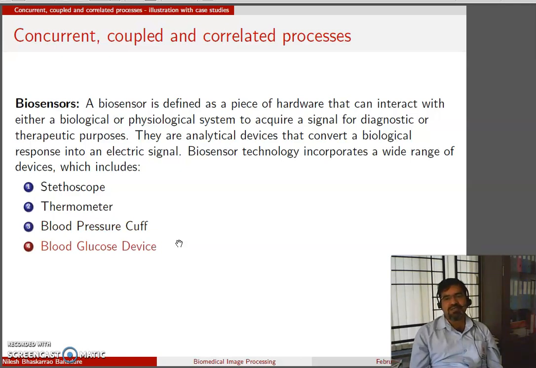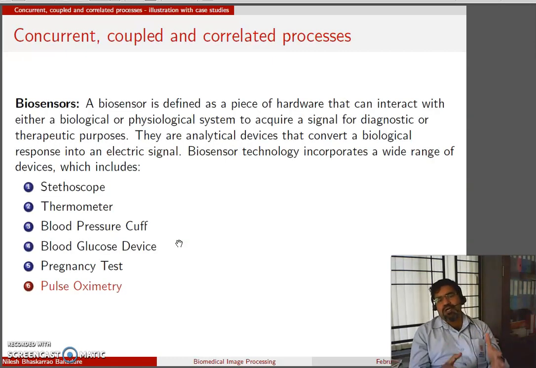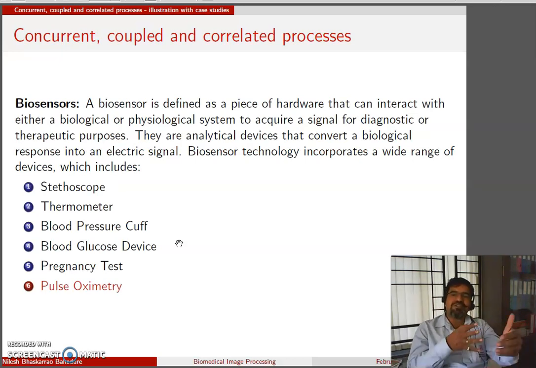Blood glucose devices, with which we are ensuring the sugar level of the body. Pregnancy test, pulse oximetry. So if you are going to measure the oxygen level of your body, you can use pulse oximetry. Clear? So with the help of these devices, one should ensure the functioning of the human body.